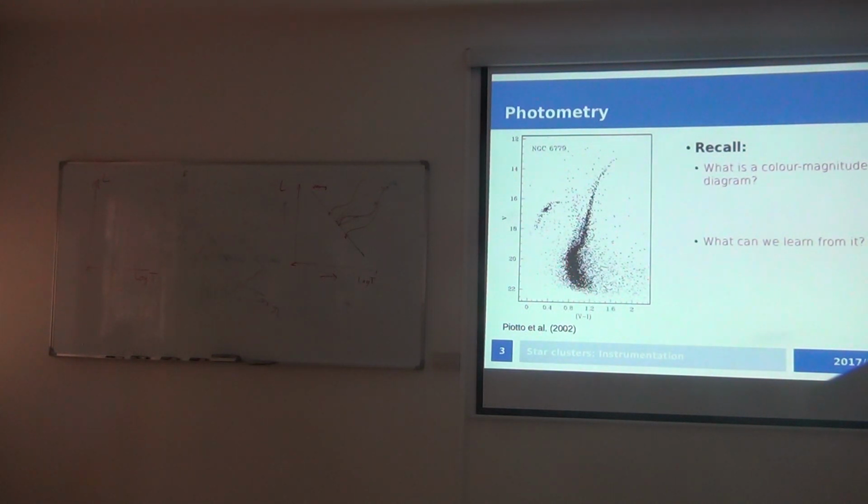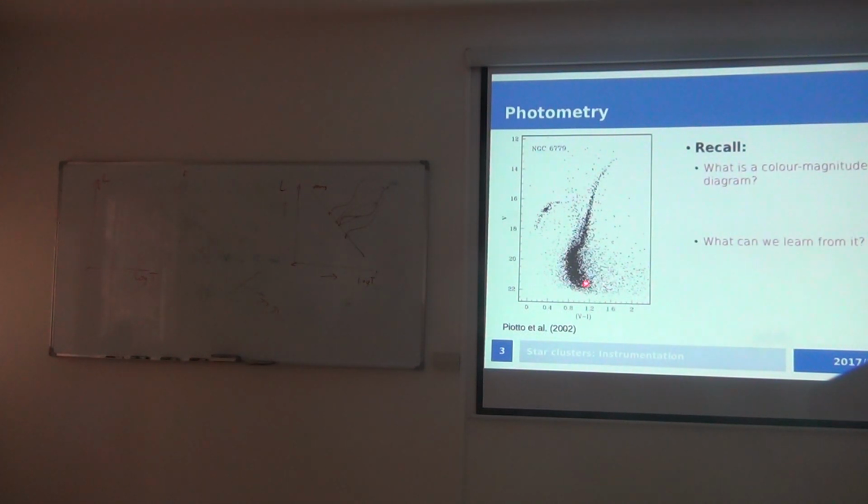This very small amount of stars here. So exactly, what we see here is the main sequence. That's one of the problems we have, that we usually cannot observe all of the stars in a cluster, because some of the stars are just so faint that we don't see them.